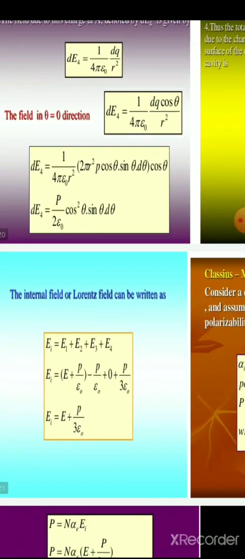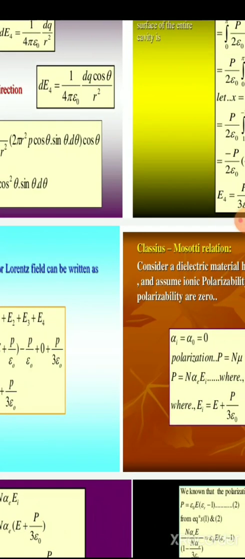The internal field, or Lorentz field, is the summation of all these: EI equals E1 plus E2 plus E3 plus E4. EI equals E plus P by epsilon naught minus P by epsilon naught plus 0 plus P by 3 epsilon naught. P by epsilon naught cancels, and what remains is EI equals E plus P by 3 epsilon naught.